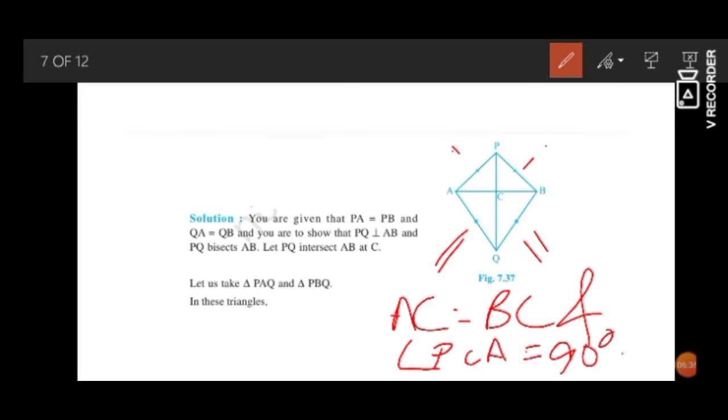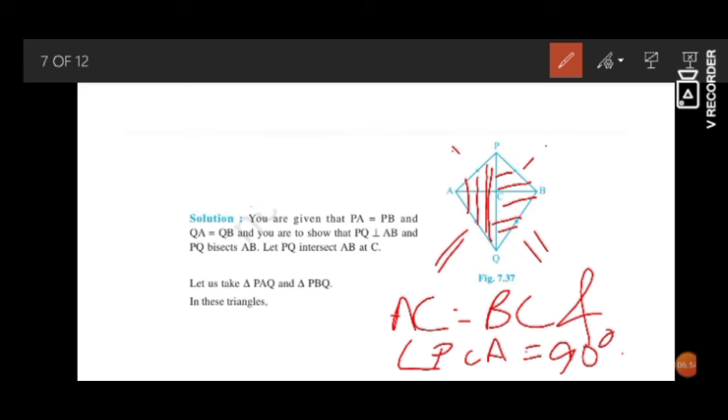Okay, so here we are considering triangles APQ and BPQ. That means the first left hand side triangle and the right hand side triangle, the two differently shaded. One is longitudinally and one is laterally.